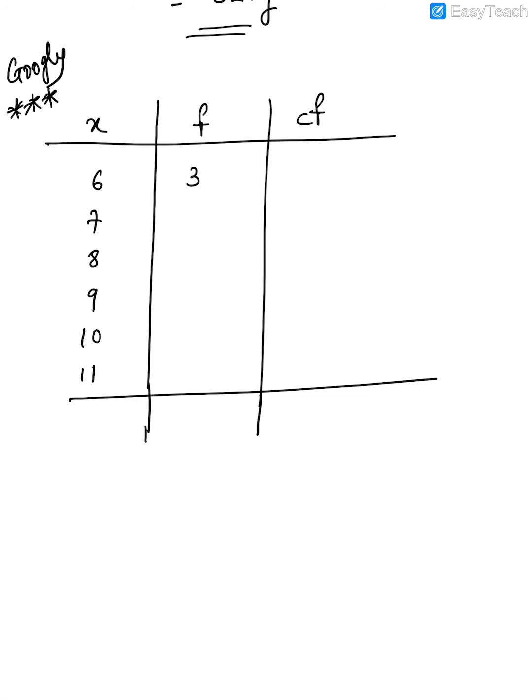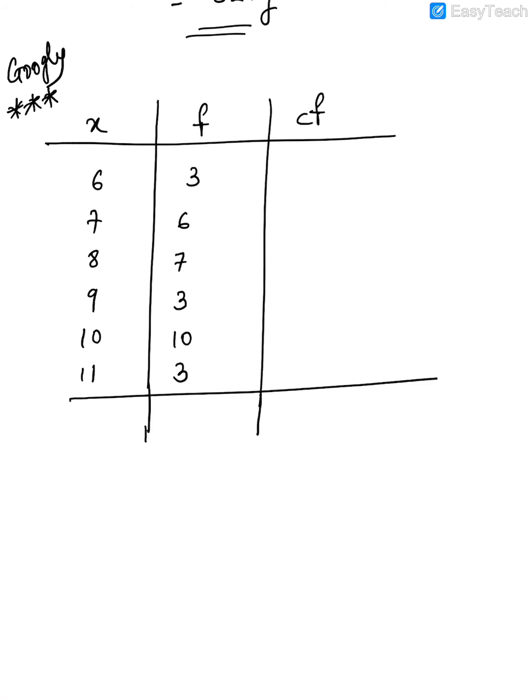Say this is 3, then 6, then here you have 7, and then 3, then 10, and then 3. Okay, now let's find out the CF.